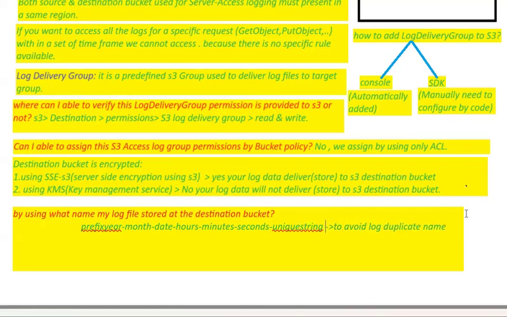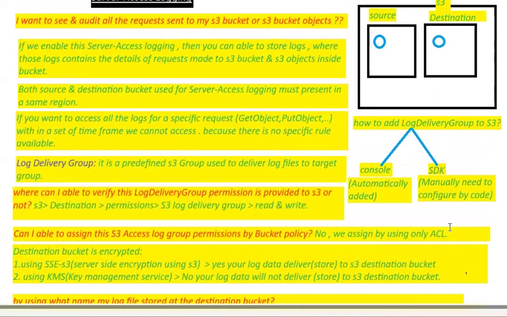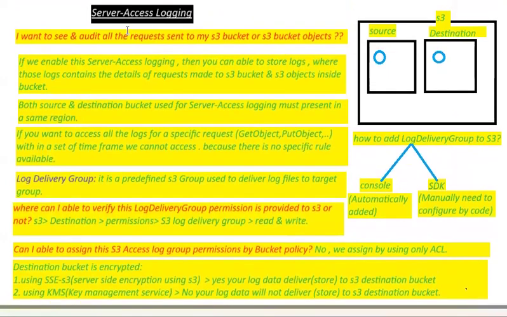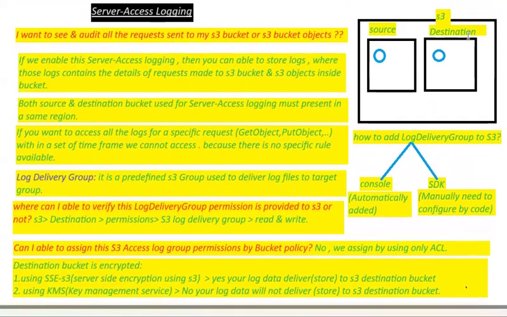So let's see an example. Let's say while enabling your server access logging, you need to specify what the destination bucket is and what the prefix is.